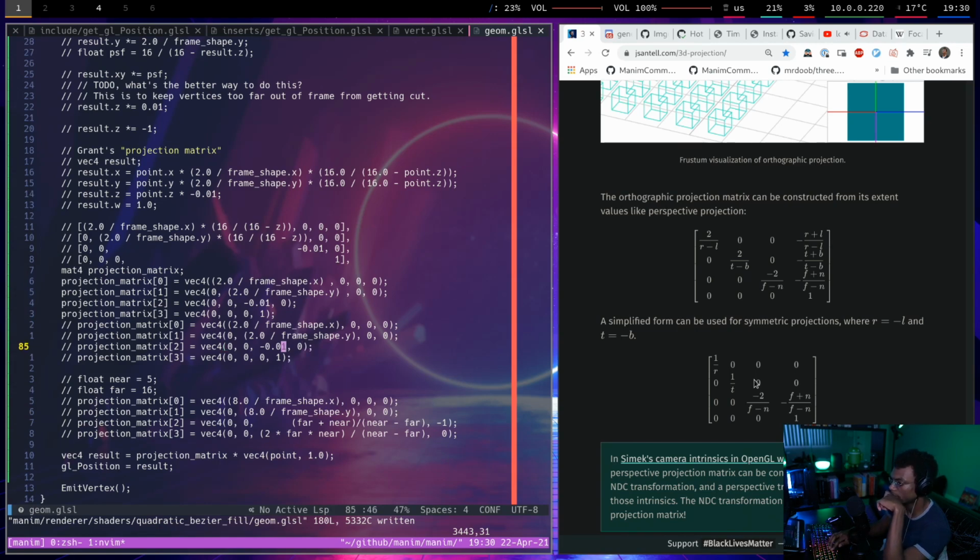This value could be a -2 divided by far minus near, I think. Yeah, far will be a larger value, so far minus near, that'll be negative. And then the only thing is that this is a 0 instead of negative far plus near over far minus near.